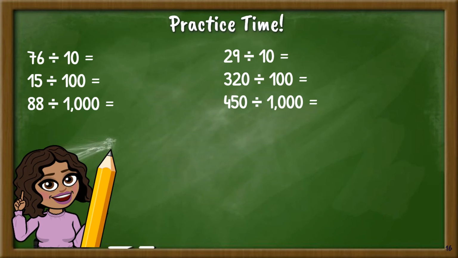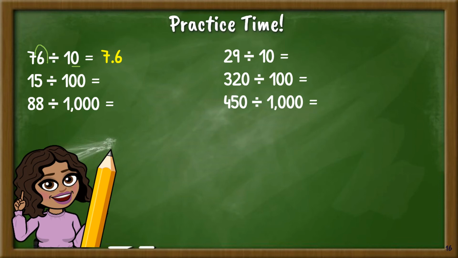Great! Let's go. 76 divided by 10 gives us the quotient 7.6 because our invisible point was moved one time to the left. Why? Because 10 only has one zero.